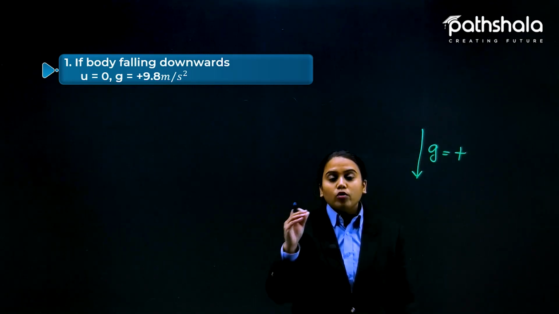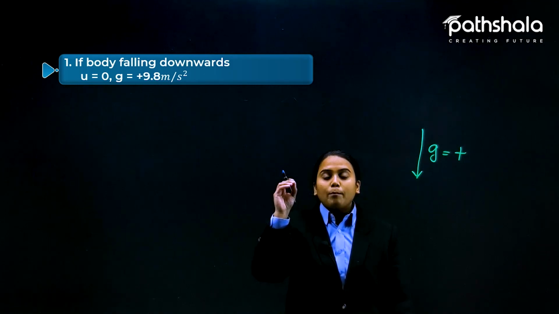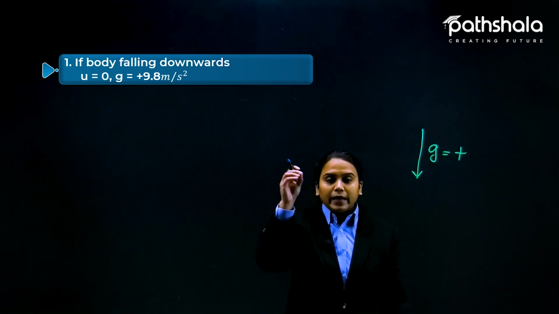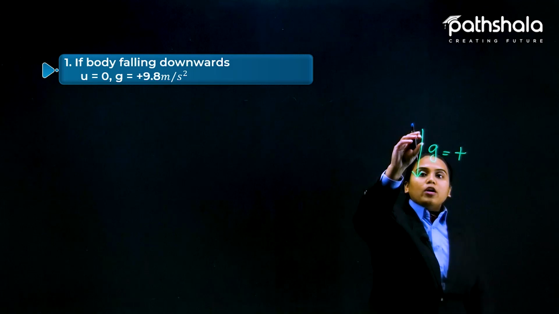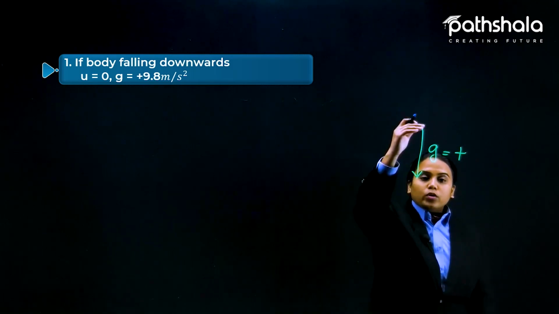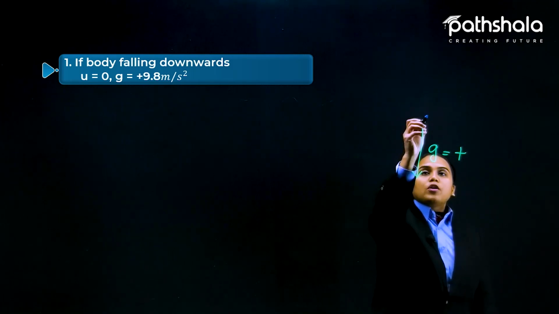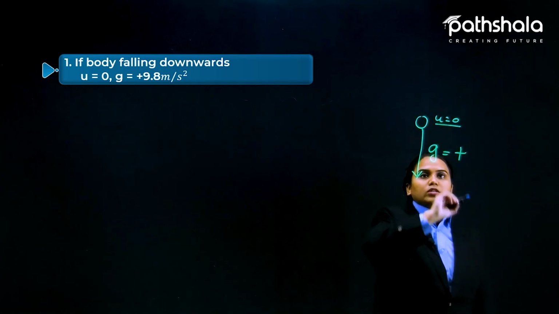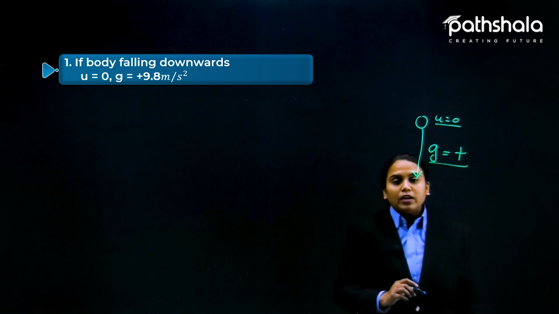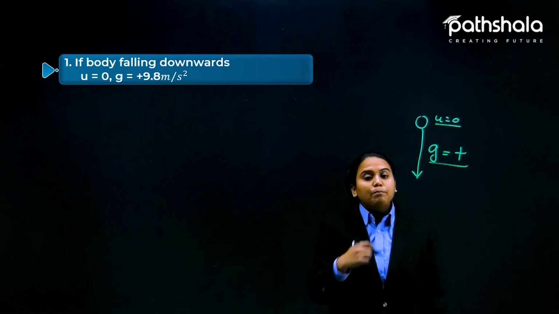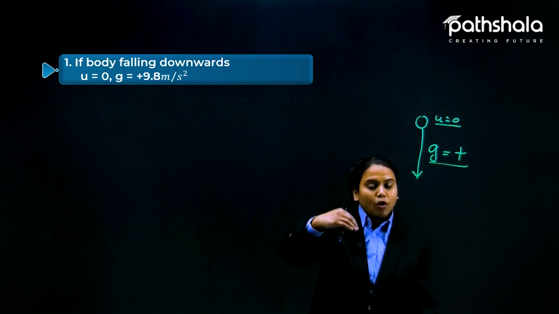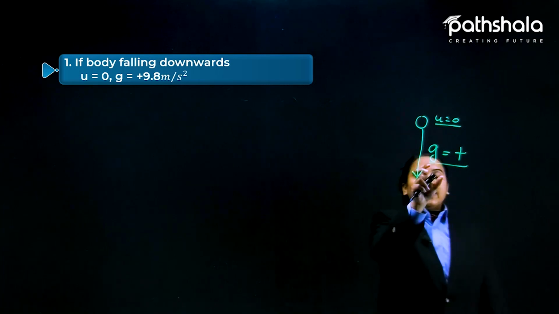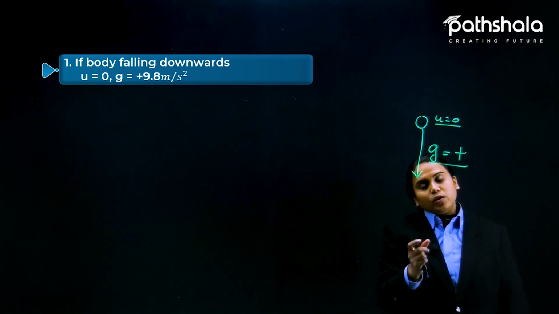Like the example I told you, when you are dropping a ball from a building, the ball is falling towards the ground, and because it is just dropped, u is equal to 0 and g is positive, because it is falling towards gravity and gravity is the only thing pulling it.